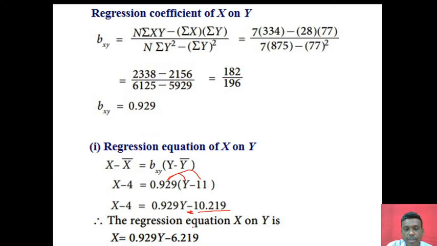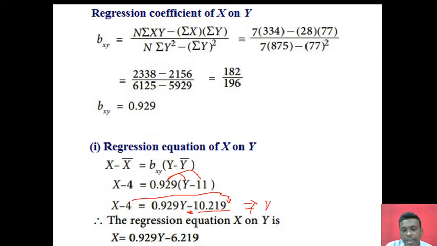So next step, I'll just write implies, I'll keep x only here and I'll shift this side. Once minus 4 comes this side, it becomes plus 4.